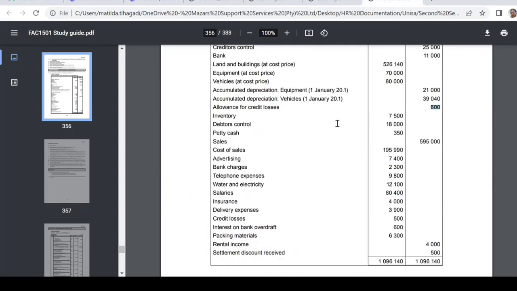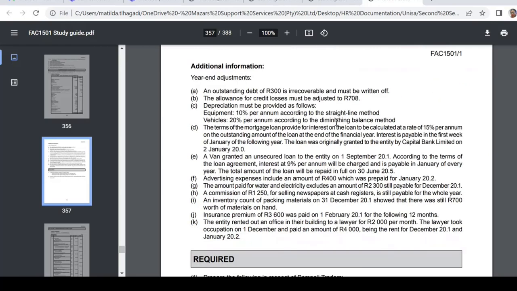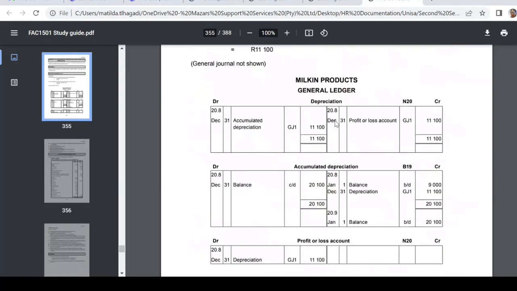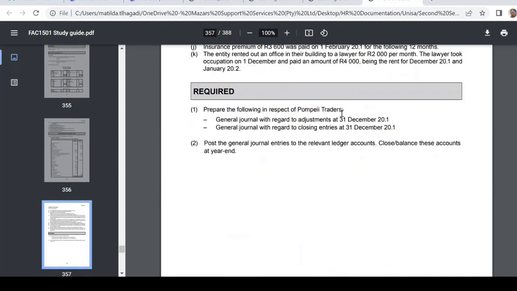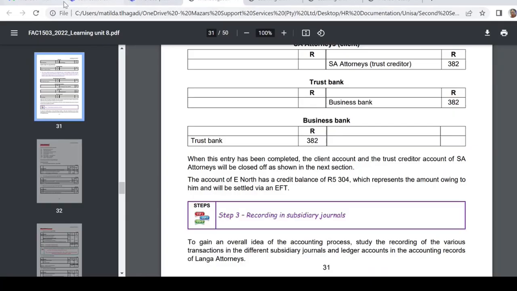Yes, use the trial balance. There's a reason it's there. Use your trial balance. That will help you.